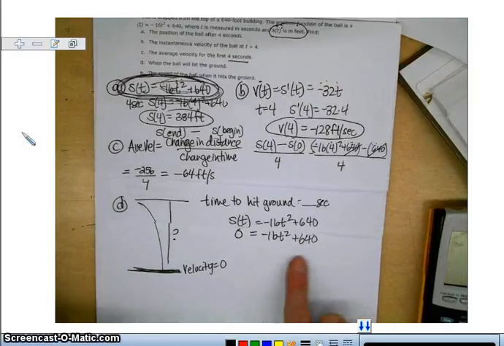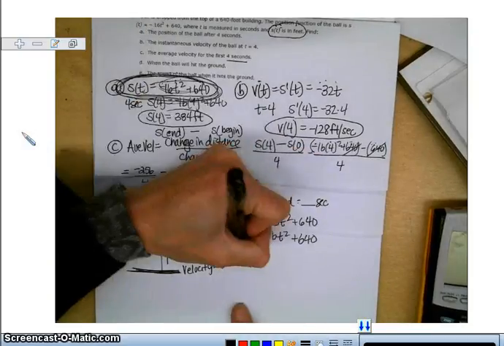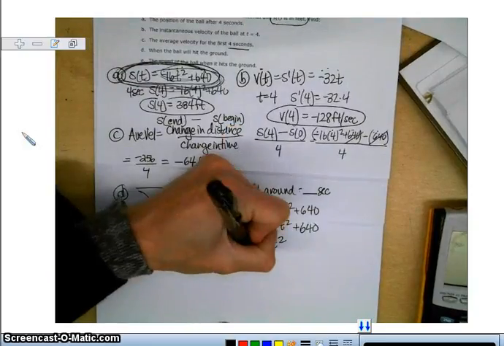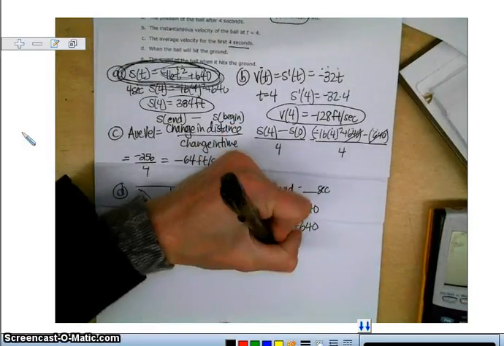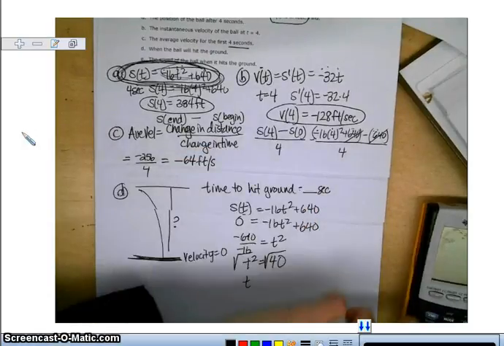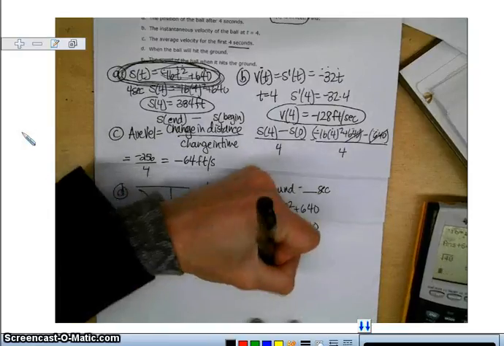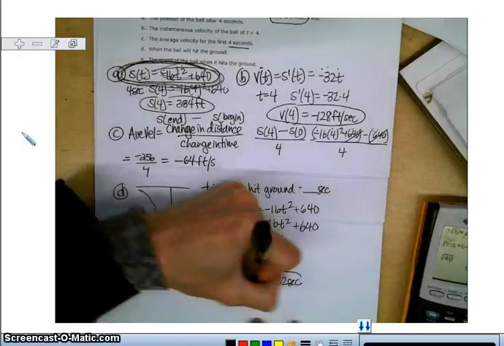So to solve that, I'm going to subtract 640 and divide by negative 16, which gives me t squared equals 40. And then I take the square root of both sides, and that gives me approximately 6.32 seconds to hit the ground.